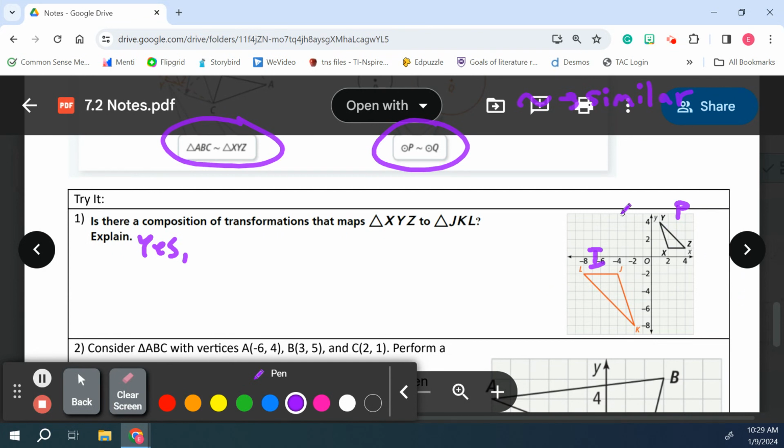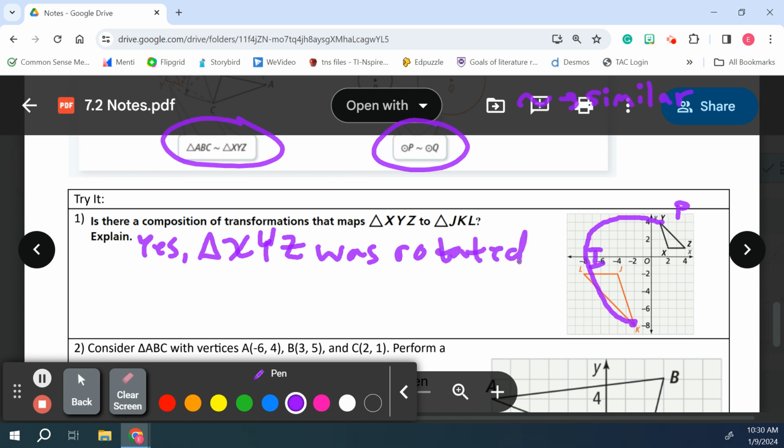Well, let's see. Does this look like a reflection? No. Okay. Does it look like a translation? No, I don't think so. Does it look like a rotation? I'd say so. Goes from here. There's K. So this was definitely triangle XYZ was rotated, okay, and then from there it was dilated.